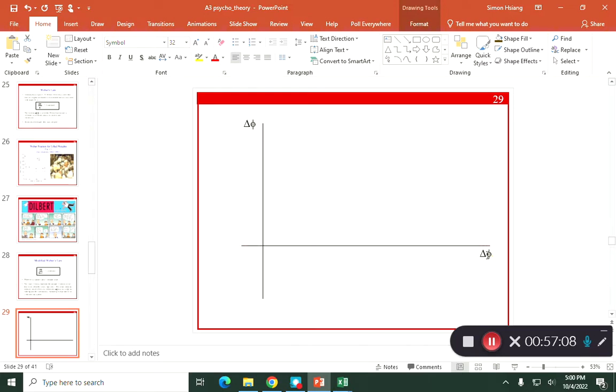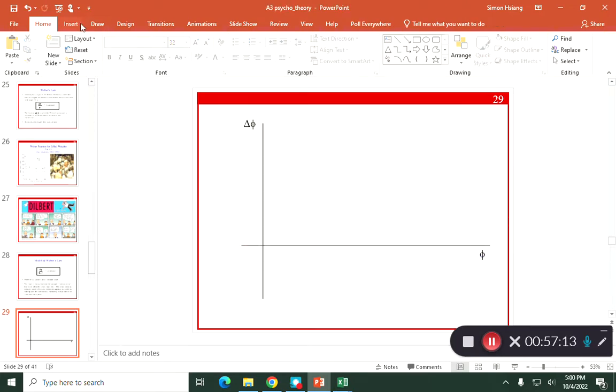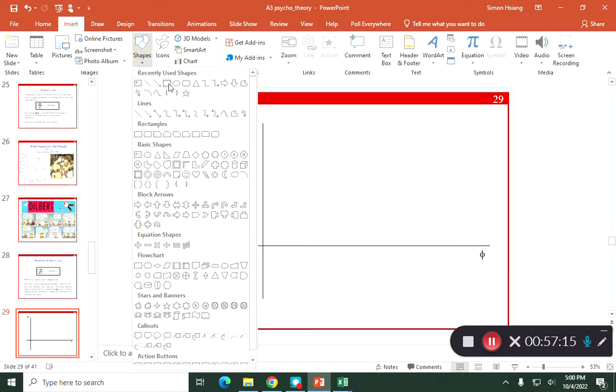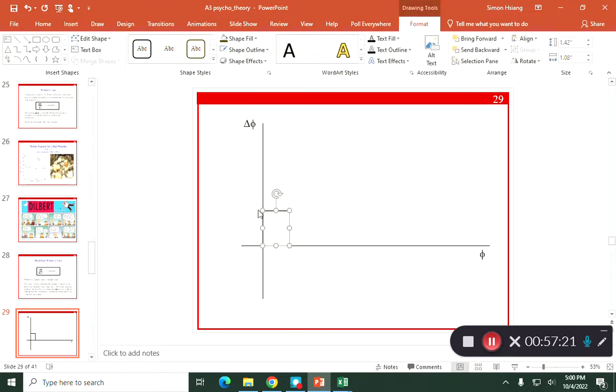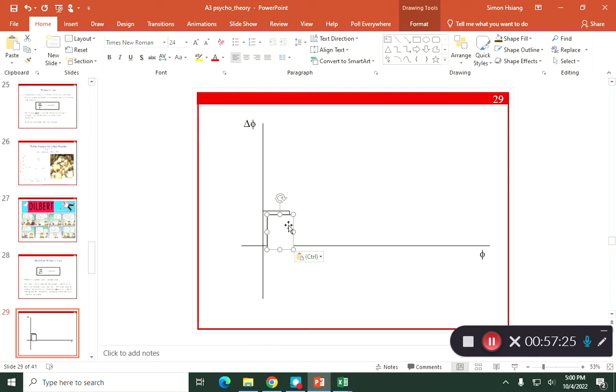We're playing the game here. Technically speaking, if I have a small phi measure, my delta phi is here, and then let me increase my phi measure a little.